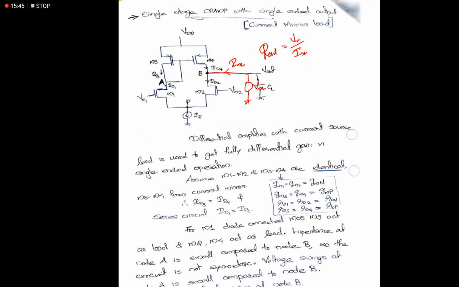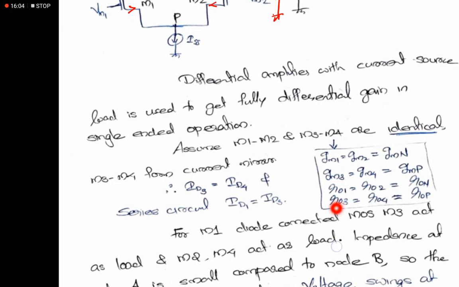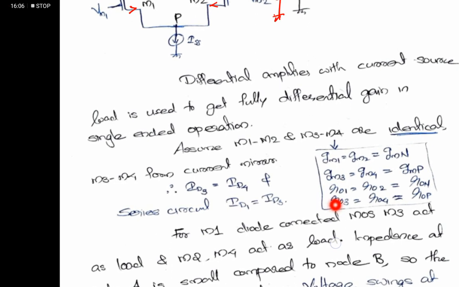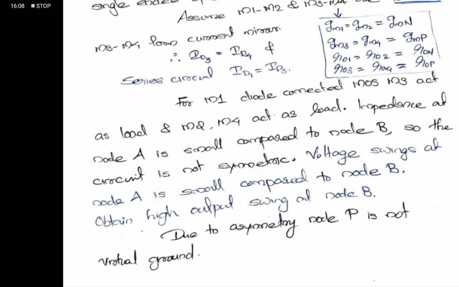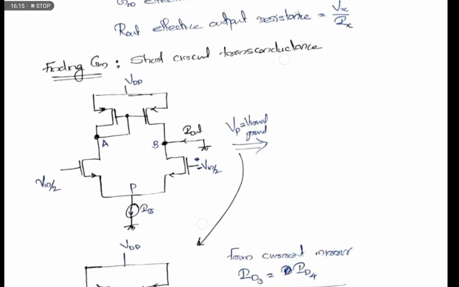For the analysis, we are assuming, so here I missed this arrow, that the transistors M1 and M2 are identical NMOS, and M3 and M4 are identical PMOS. Their transconductance and output resistance or channel length parameters are identical. To find the effective transconductance, we will model the circuit with the output shorted to ground.